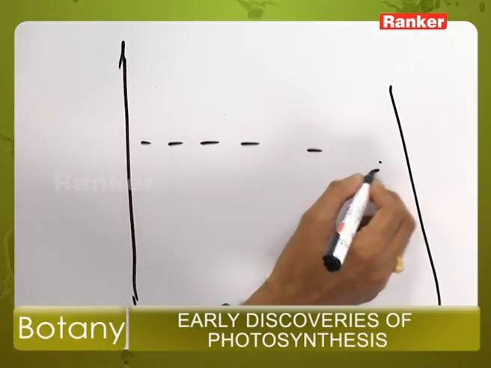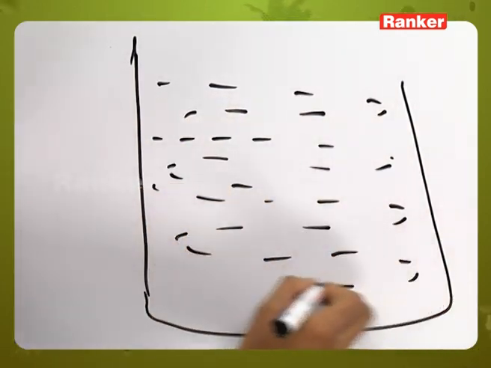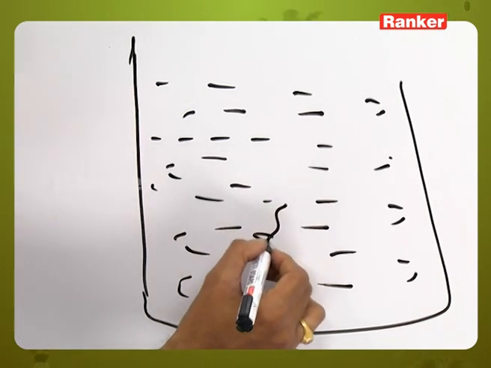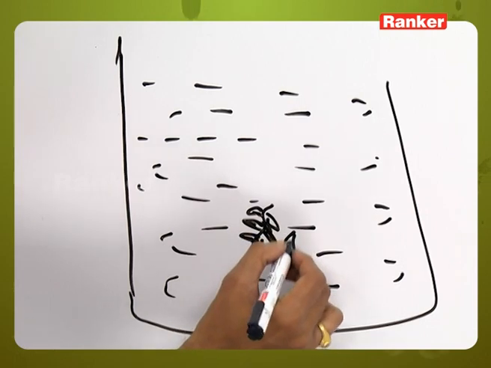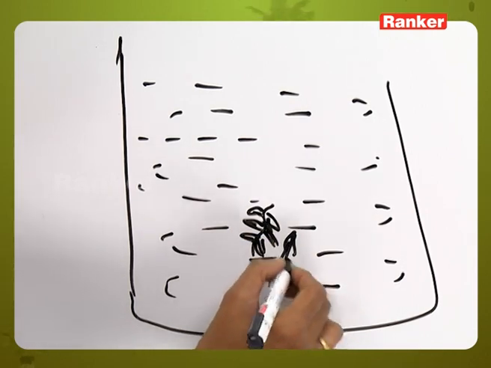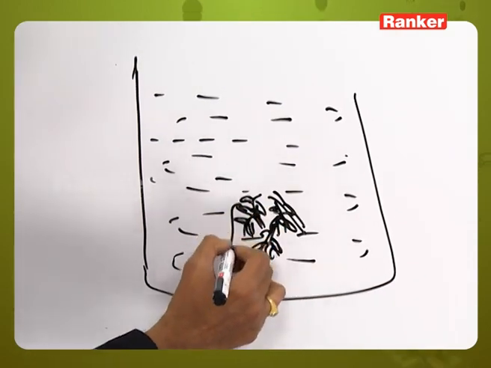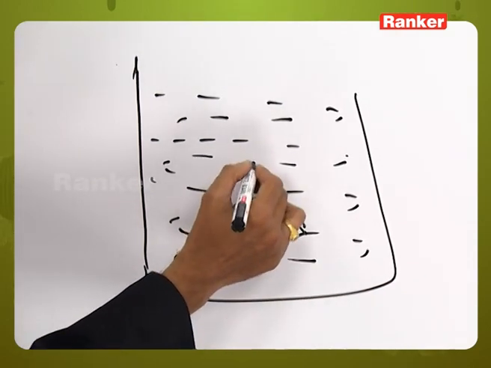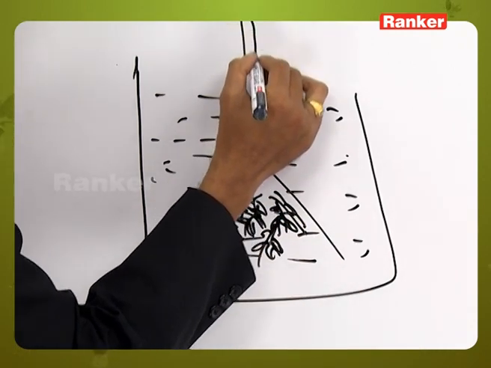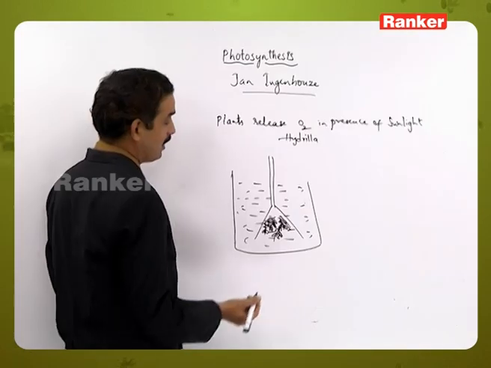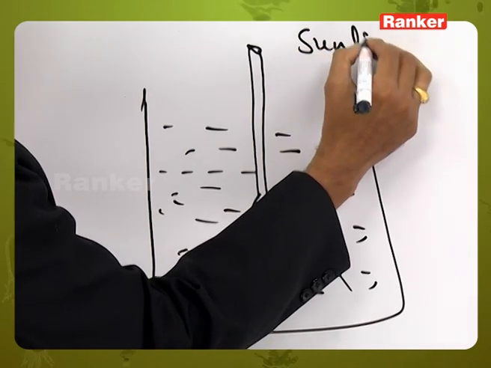This beaker is filled with water, and in this water the hydrilla plant is taken. And this hydrilla plant is covered with an inverted funnel-like structure. This is also filled with water. So this entire apparatus was kept under the sunlight.